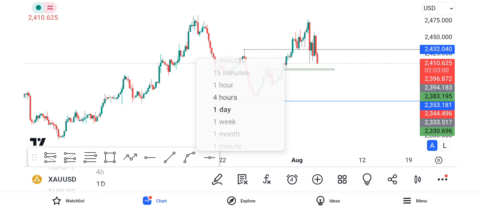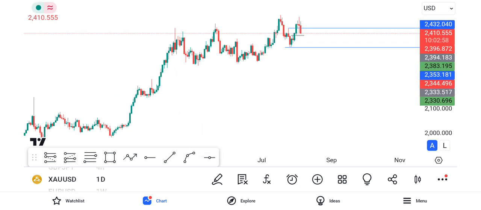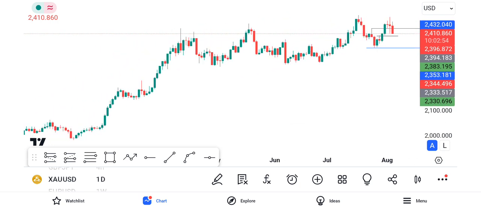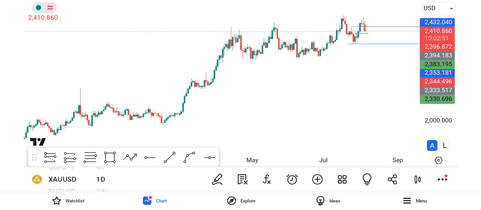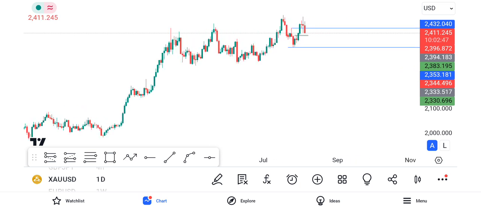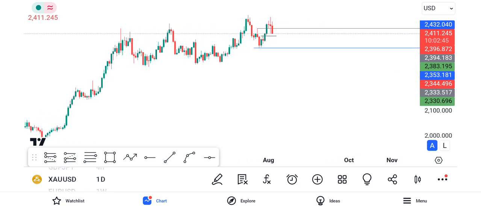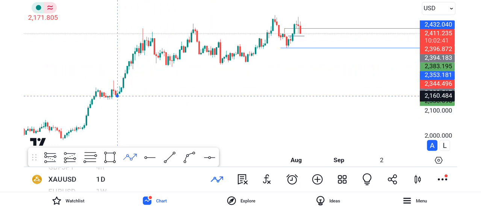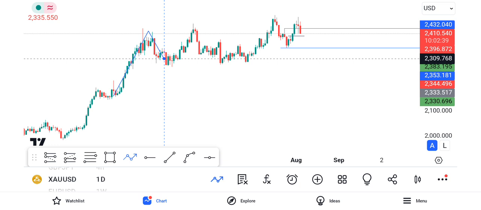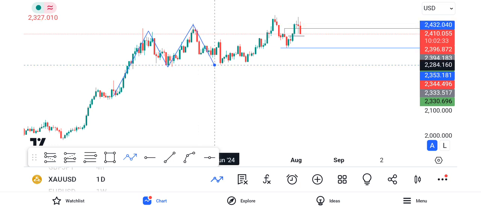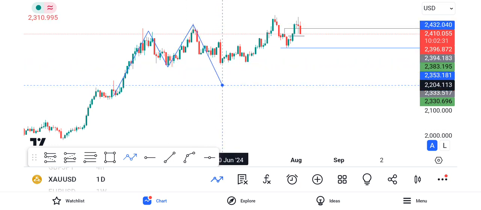If we go on the daily time frame to actually see what's happening right here, the daily time frame is bullish. As you can see, it made an equal high, and then we're expecting it to break this point, but it didn't.